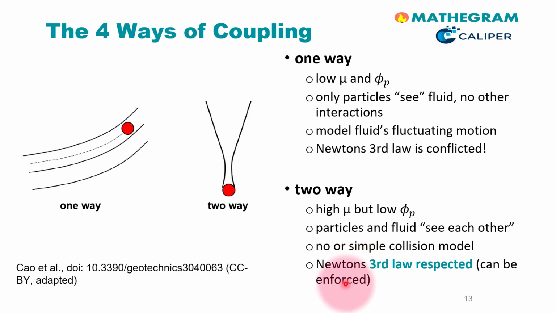As already stressed, the important thing is that two-way coupling respects Newton's third law, although it is not always strictly enforced. We will see that the details of the particle-to-fluid coupling algorithm are important, whether Newton's third law is precisely enforced or not. More on this later.